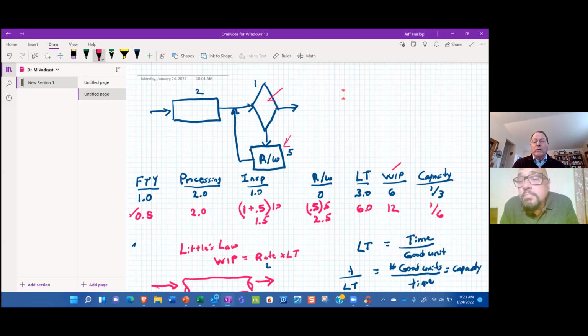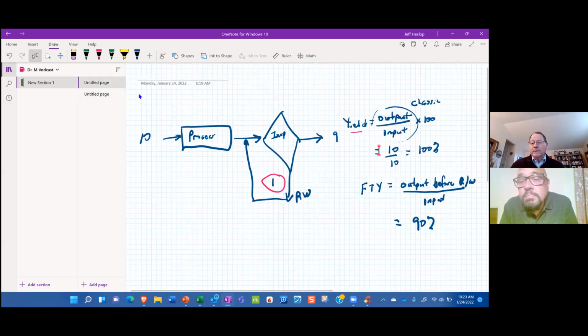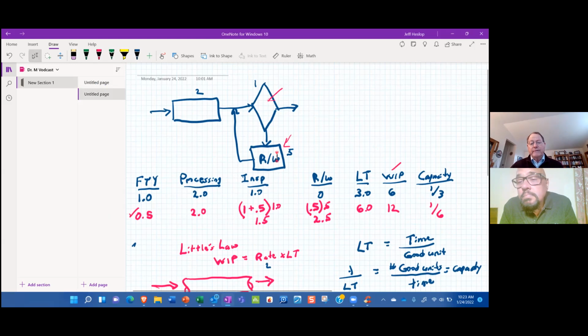So when you're using that type of yield in the financial reports, you miss the fact that all of this is happening. So this costs a lot of money, but they don't see that.